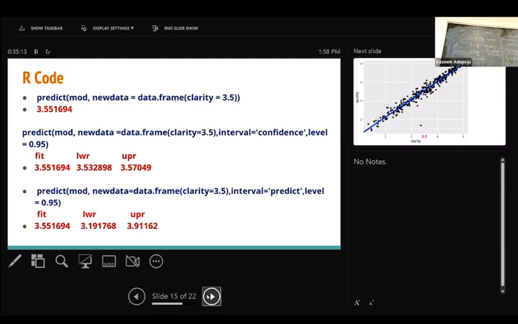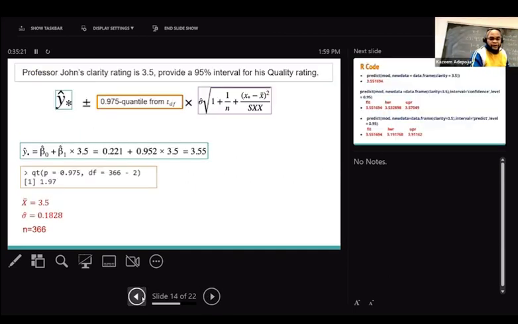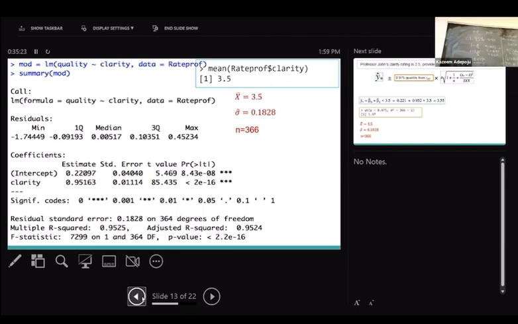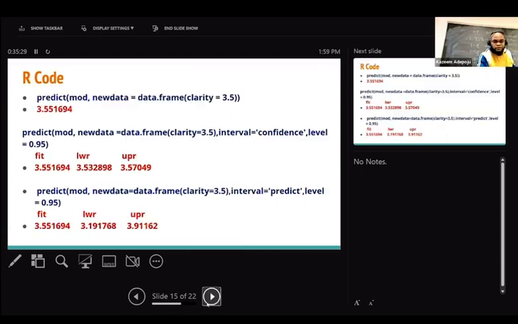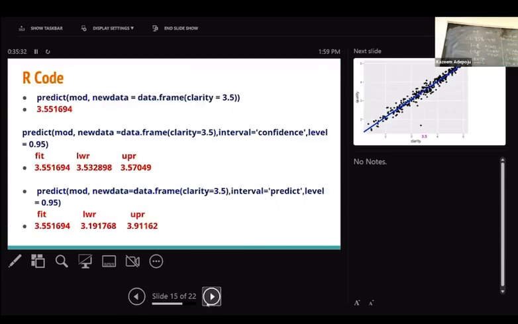Take a look at that. predict(mod, where's my mod? You have to come back here. You see up there, mod equals lm, quality on clarity. Okay. Now, mod, comma, newdata equal to data.frame, then you indicate the value of your x.